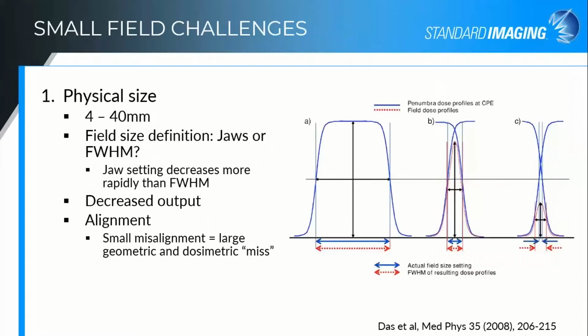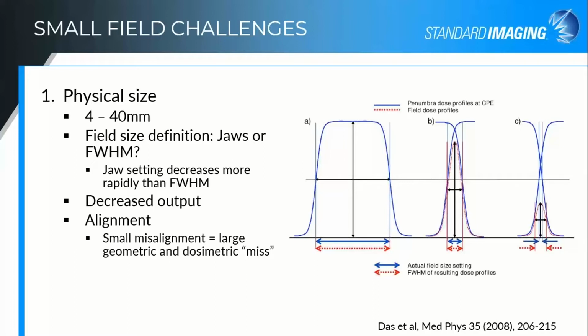So going through those points that I listed at the beginning, I'm going to go into a little more detail on them. The physical size of these fields is usually in the range of 4 millimeters to 40 millimeters, again depending on the energy of the beam and the detector that you're using. Something to think about is, how are you defining your field size?